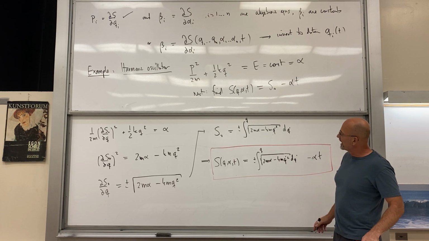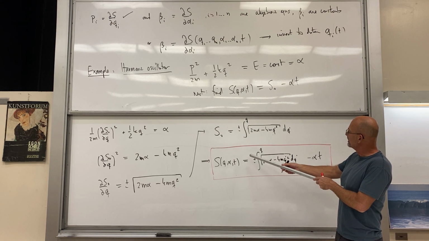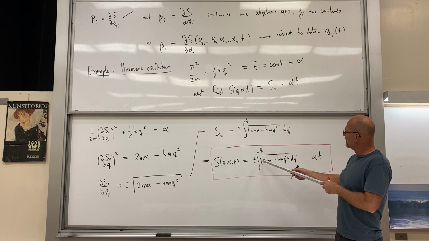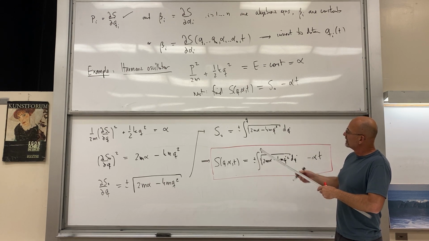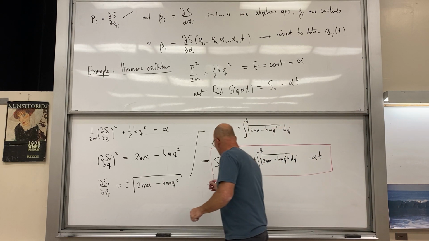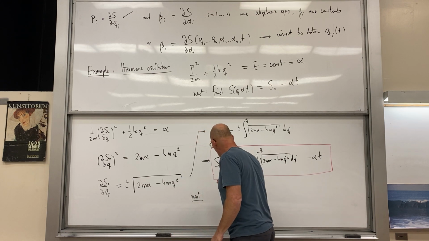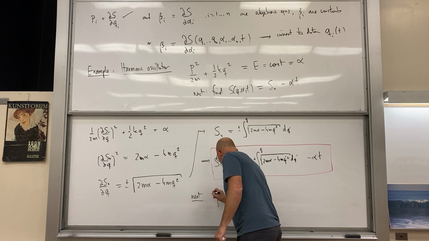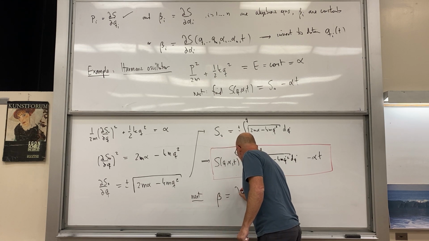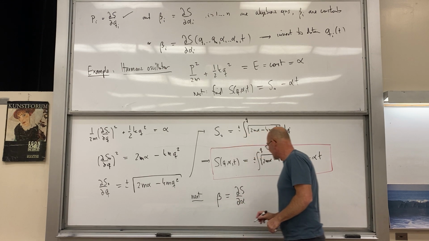Okay. So what we have to do next, we found our action. So let's go ahead and write here next. This beta, which is a constant, is equal to partial S, partial alpha.